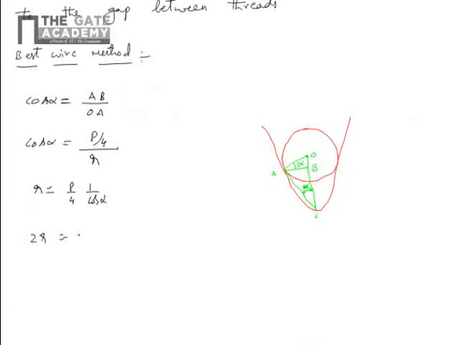Multiply with 2, you will get diameter. 2R equal to P by 2 secant alpha. 2R is nothing but D. D equal to P by 2 secant alpha.